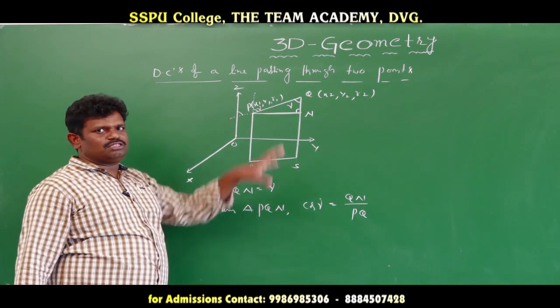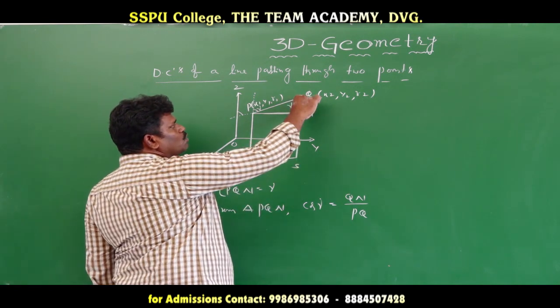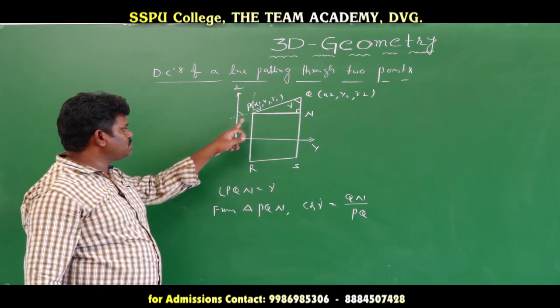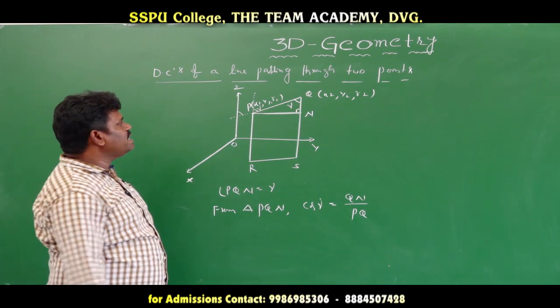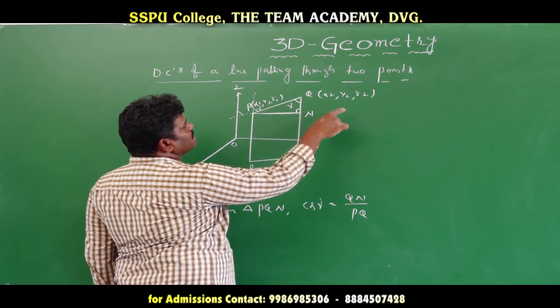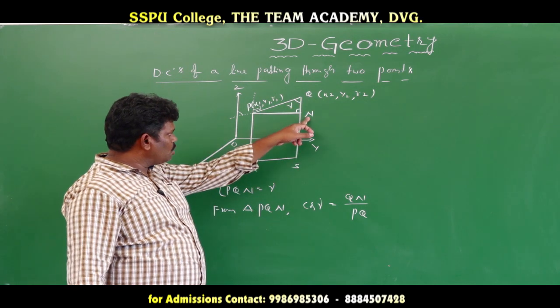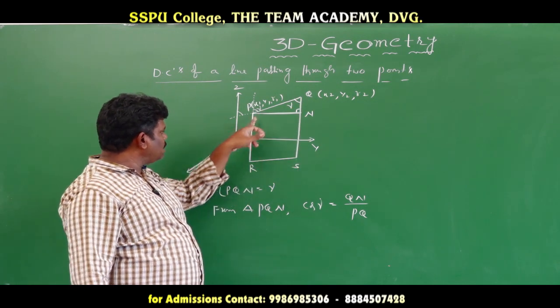Now I want the distance QN. QS is parallel to the Z axis, and PR is also parallel to the Z axis. For Q, the Z coordinate is Z2, so the total length QS is Z2.